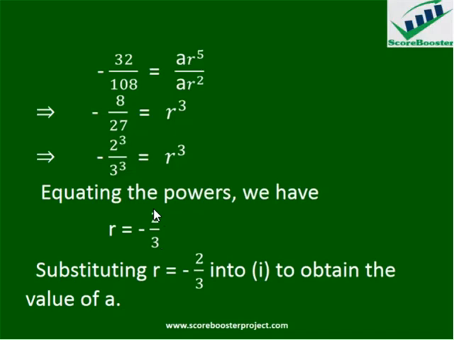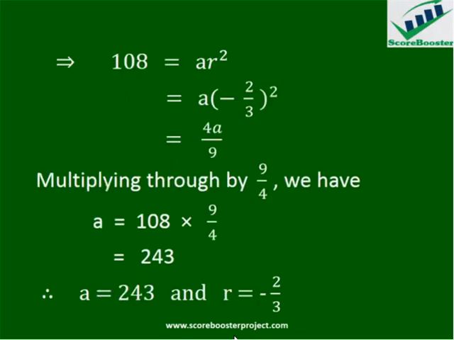So from here, we have the value for the common ratio. So we substitute the value of the common ratio into either of equations 2 or 3 to obtain the value of the first term. So we substitute r into the second equation to obtain the value of a, that is the first term. The second equation is 108 equals ar squared.